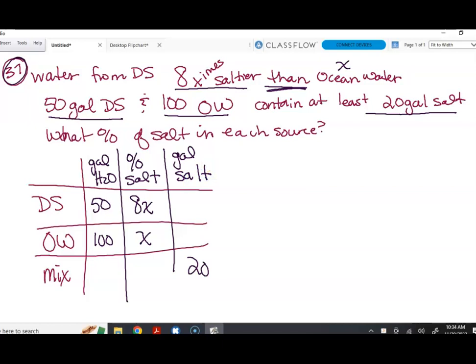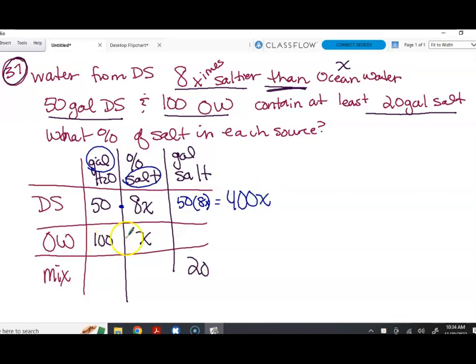Because when we're making these tables, usually it's one column from this one, right? So we took gallons of water and multiplied it by the percent, so we're getting the gallons of salt for that final column. All right, so we multiply these. 50 times 8x, what is that? 400x.